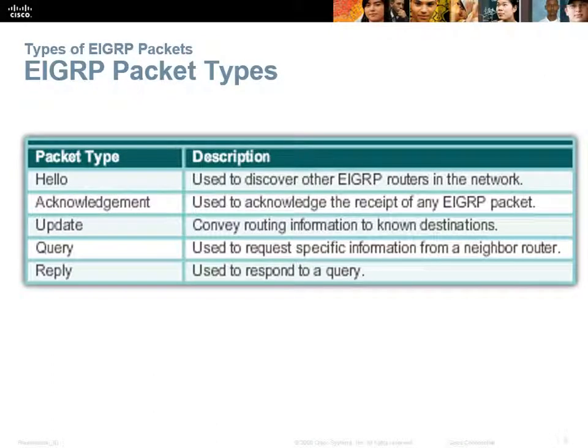EIGRP has 5 different types of packets. The hello: my name is Scott, and I'm talking to Casey here. Her reply would use an acknowledgement saying, hello, her name is Casey. And then after 5 minutes, we'd do it again. Hello, I'm Scott.